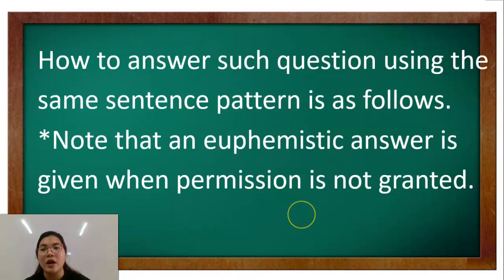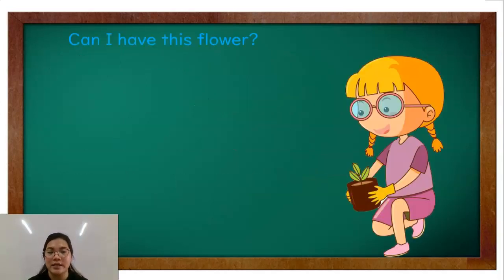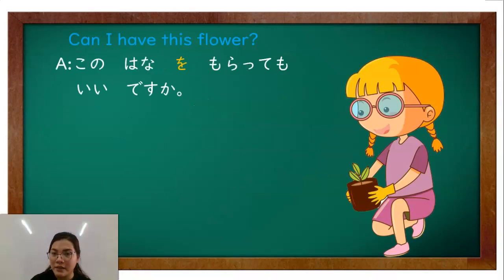How to answer such a question using the same sentence pattern is as follows. Note that a euphemistic answer is given when permission is not granted. Just like this example: can I have this flower? Kono hana o moratte mo ii desu ka?